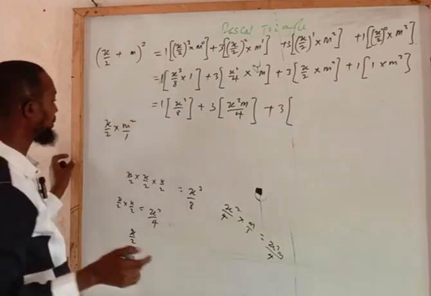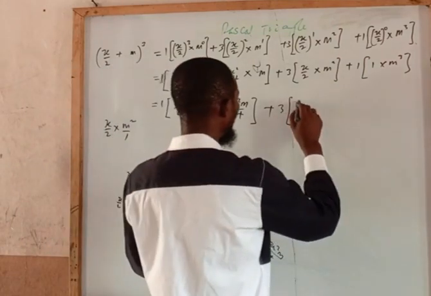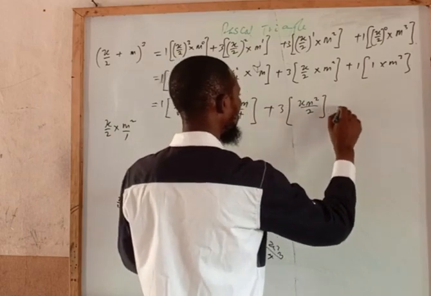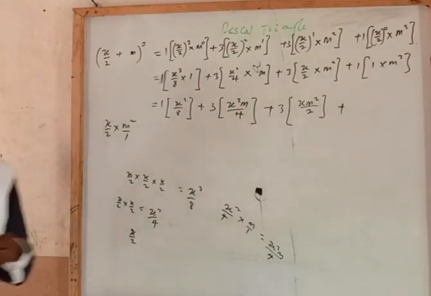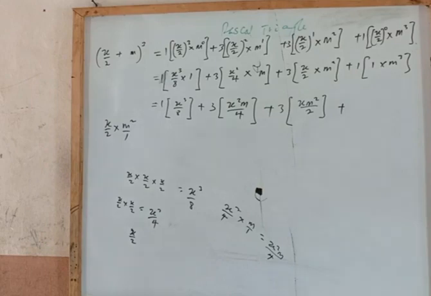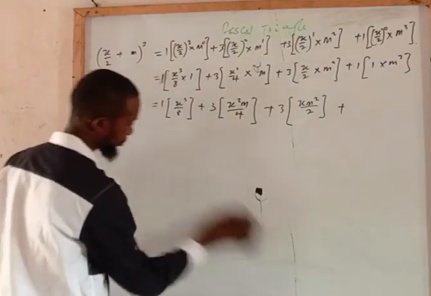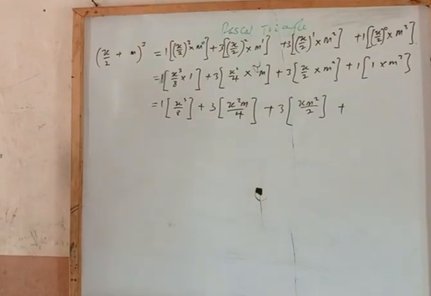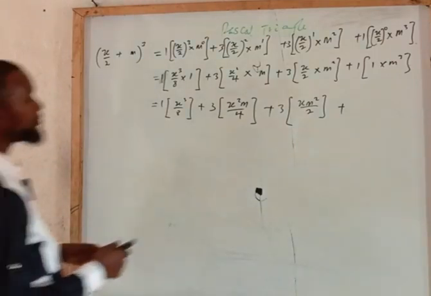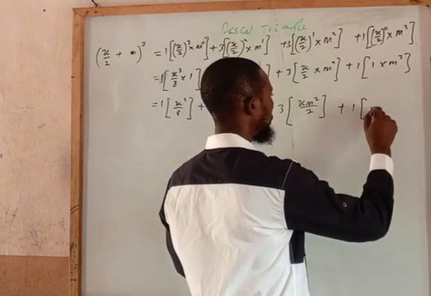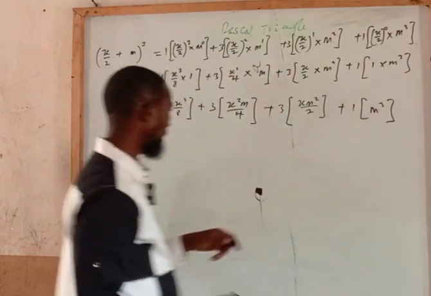So when the multiplication is done, I have x m squared over 2, then plus 1 times m raised to the power 3, 1 into m raised to the power 3.